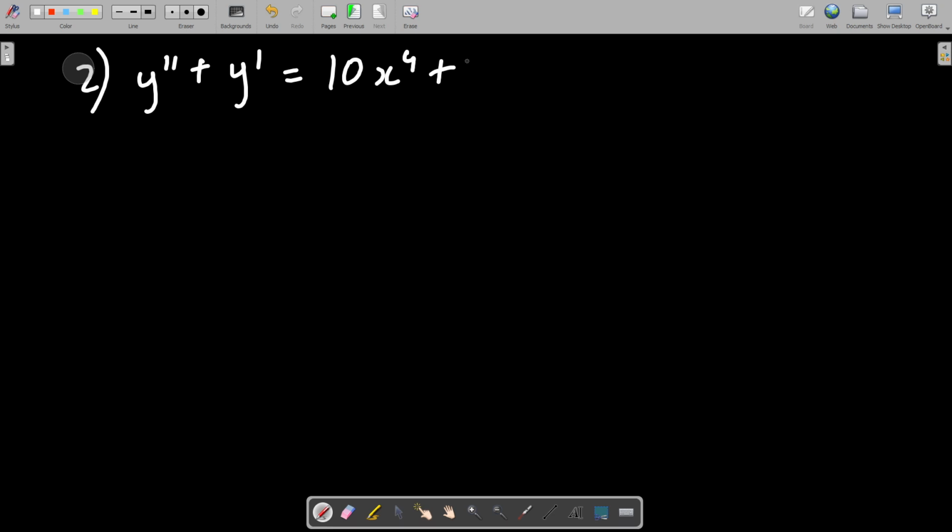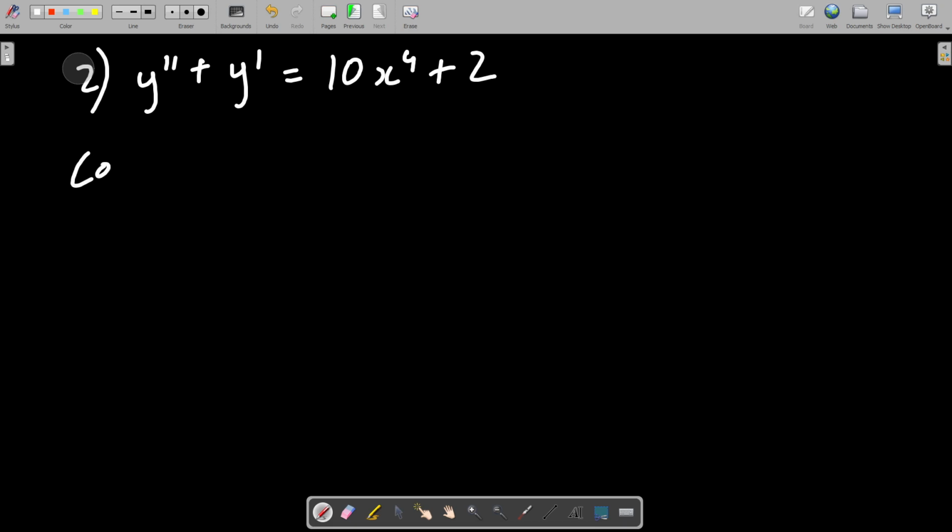So second example of this type, y double prime plus y prime is equal to 10x raised to 4 plus 2. Okay.